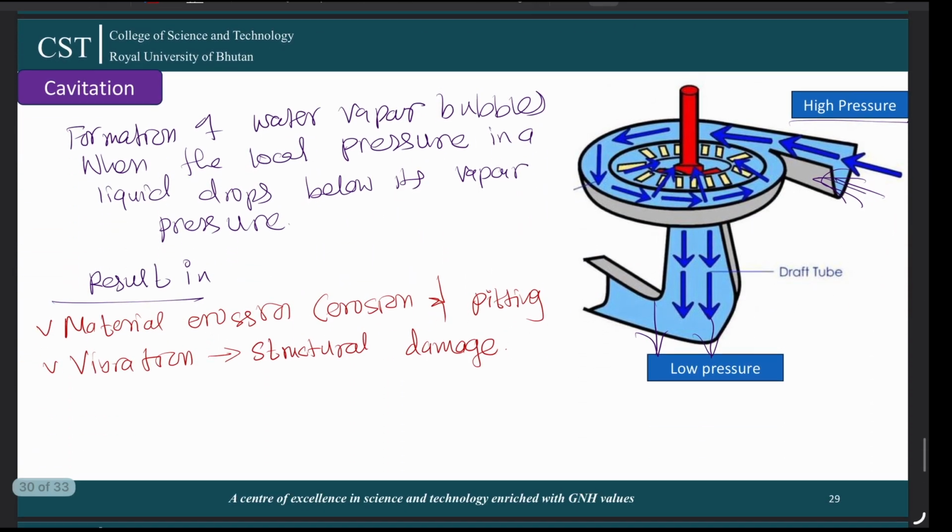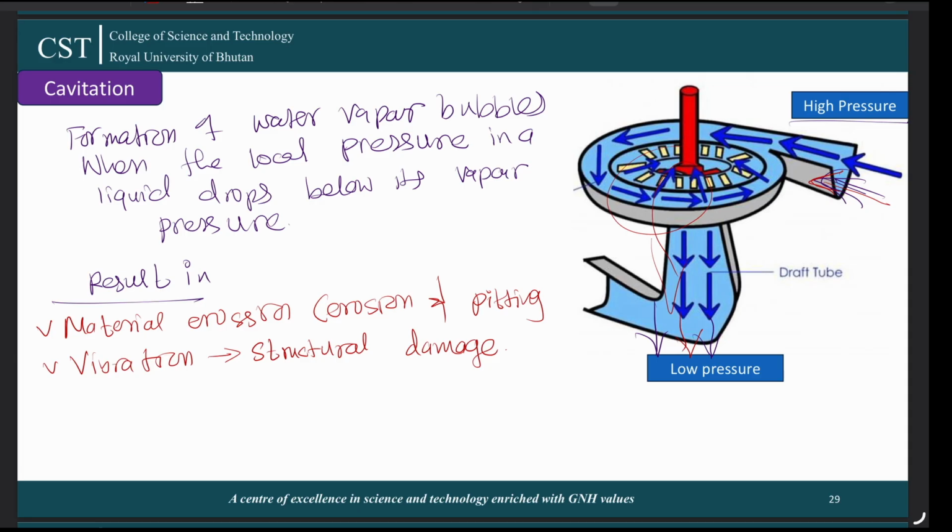The next thing we will talk about is cavitation, which is very important in the case of the Kaplan turbine. In this figure, the moment the water enters from the casing, it has a high pressure. However, when it is taken out from the draft tube, it has a low pressure. That means throughout this journey the water will be at low pressure, so there will be formation of cavitation.